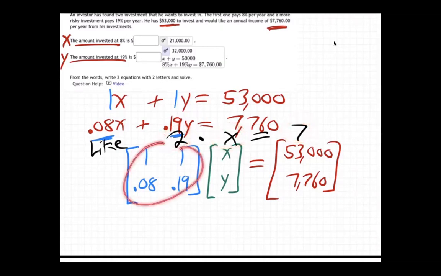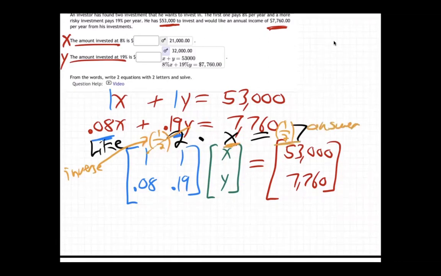We have a number matrix times a letter matrix equals a number matrix. How would you solve that? You might say, well, I would just divide by 2 on both sides and I would get X alone. And dividing by 2 is the same thing as multiplying by a half on both sides. And what is a half? That's the inverse of 2, isn't it? 2 inverted is a half. And that would cancel these out. You get X alone, and over here would be your answer.